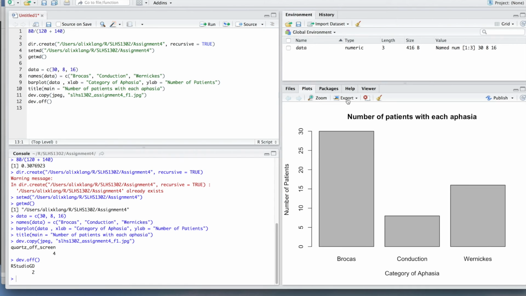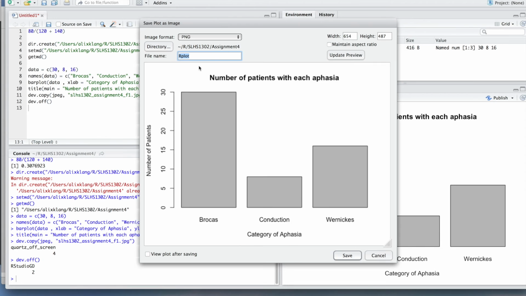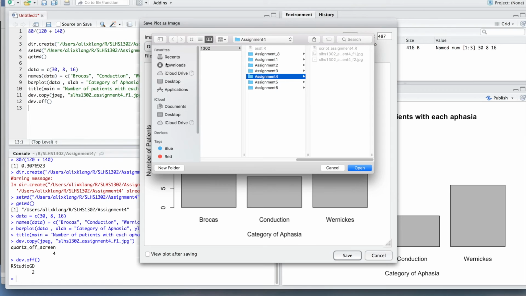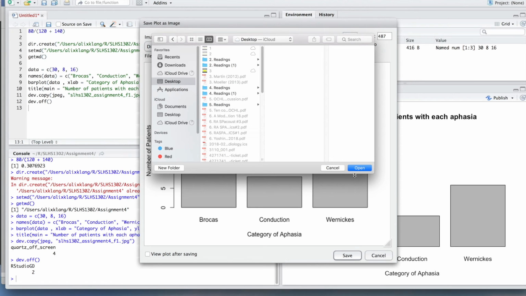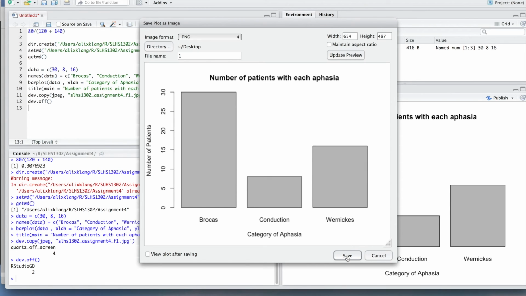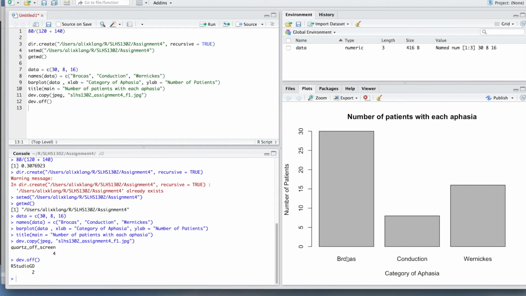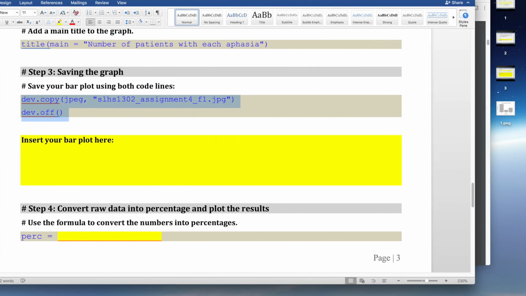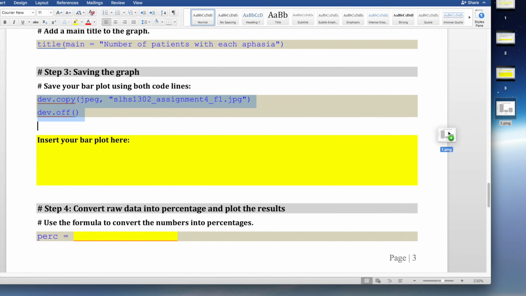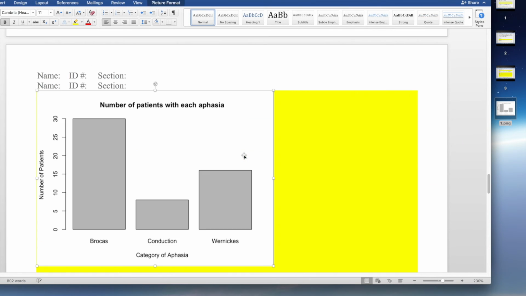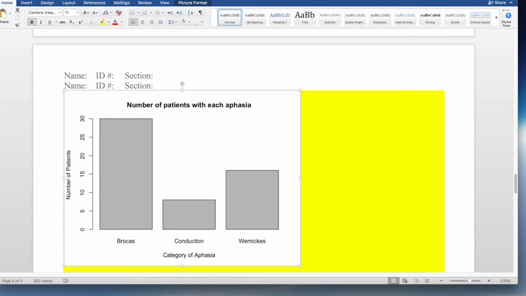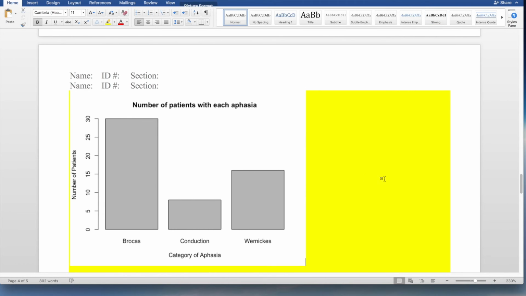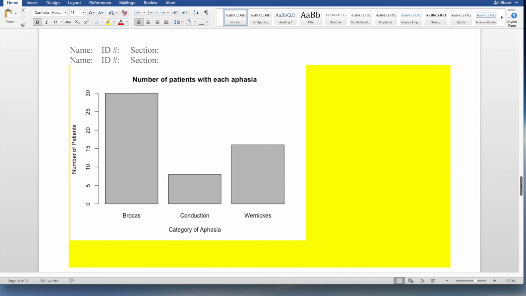Then you can export the image however you prefer to save it in your document. I usually save it to my desktop so I can access it later. If you see, it's over here on the desktop, we'll just drag it into the assignment. And this is the image you should have created through those code lines.